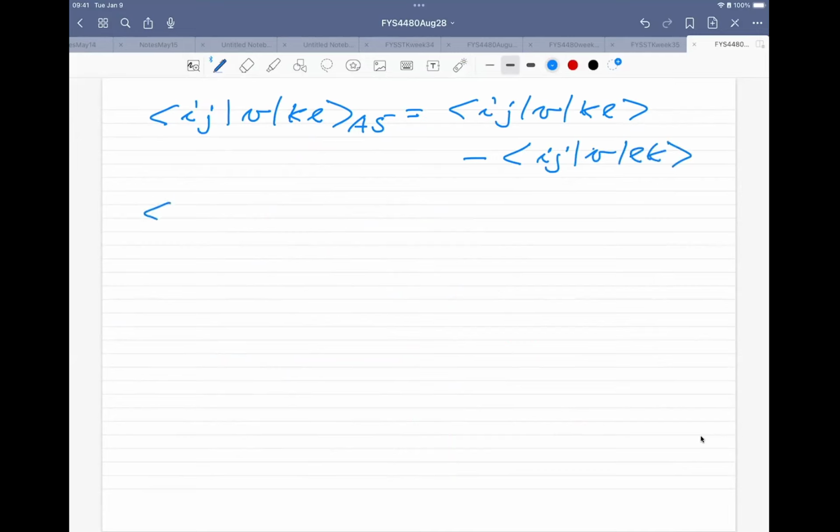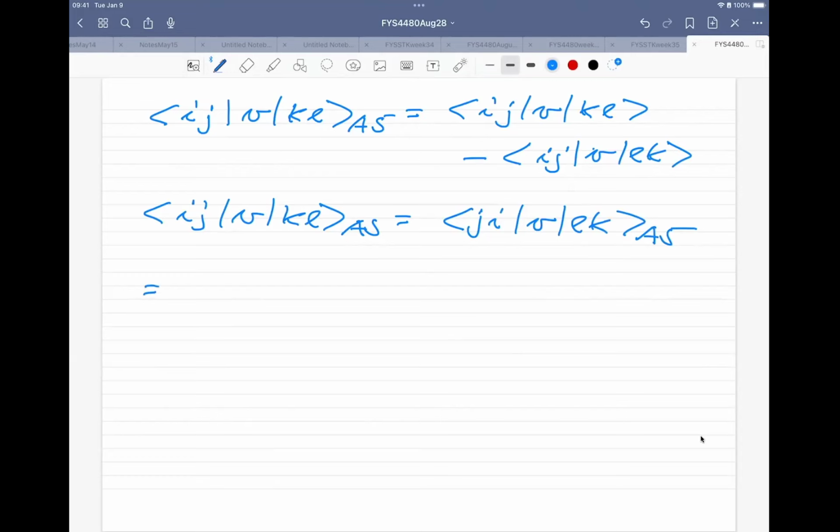It has a symmetry property which you can easily deduce: ij V kl anti-symmetrized equals ji V lk anti-symmetrized, which is again equal to minus ji V kl anti-symmetrized.